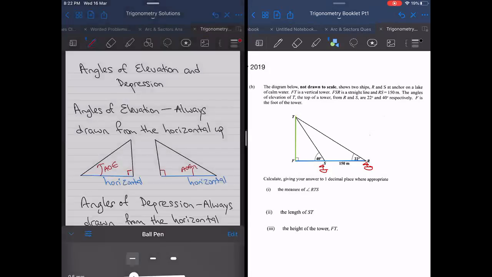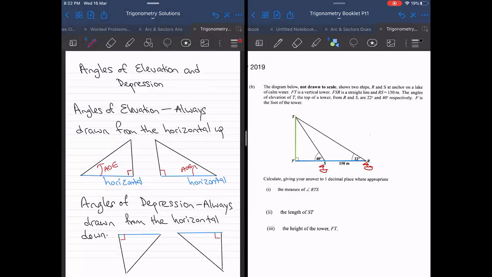All right, for these questions, it will always be for the angle of elevation, one of the two triangles at the top. For the angle of depression, one of the two triangles on the bottom. Again, this leaves us with two, but we always draw it from the horizontal down.